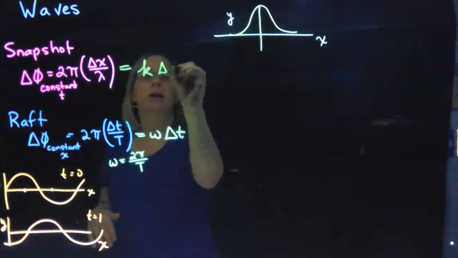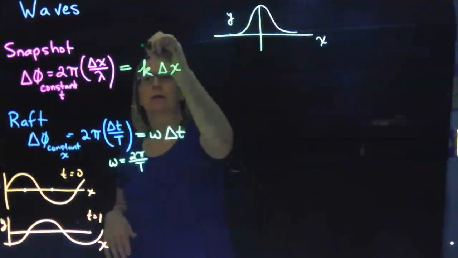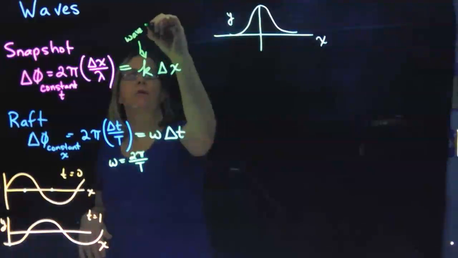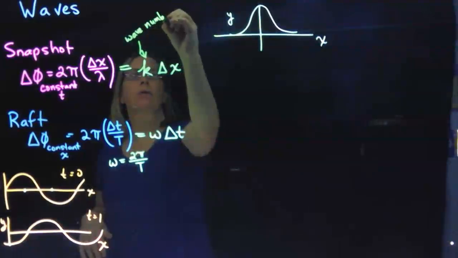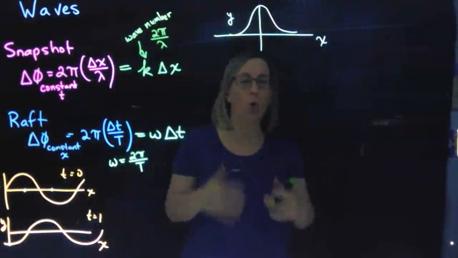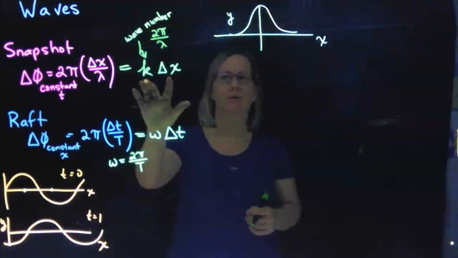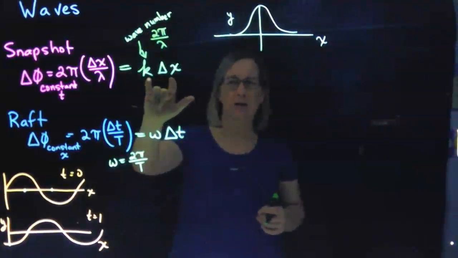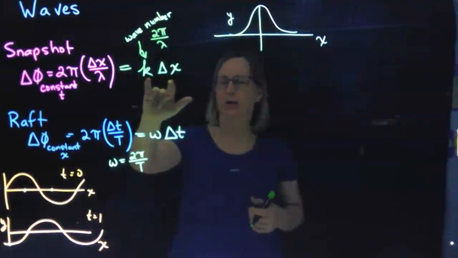This is our wave number, k delta x. This is wave number, and it is 2 pi over lambda. So it's got radians over lambda in it, giving us radians per meter, which gives us our wave number, this k.